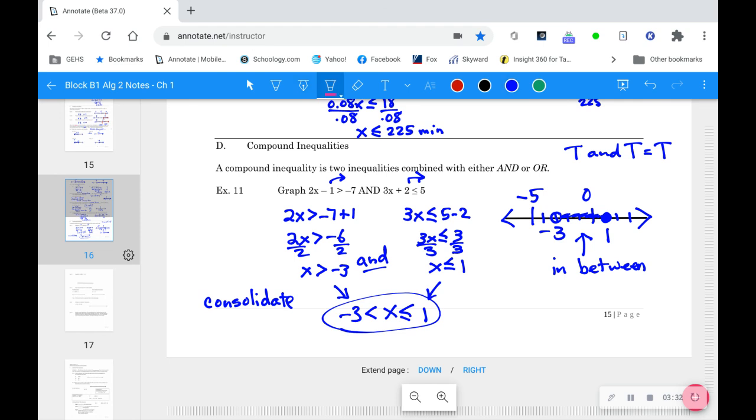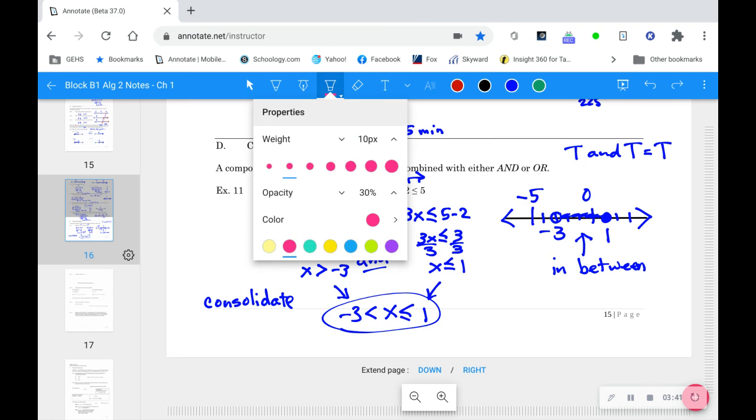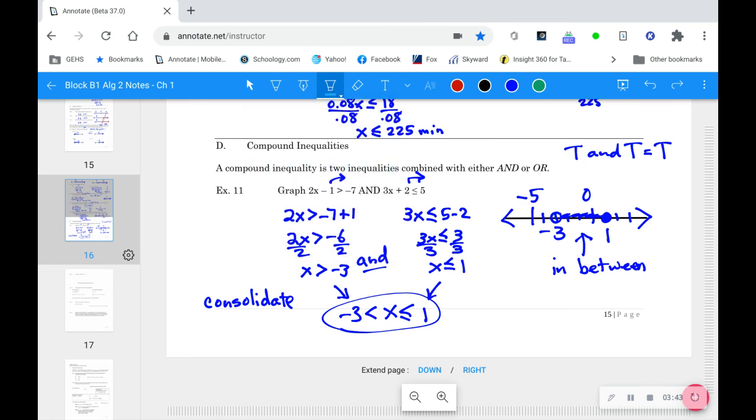To make that a little more clear, I'm going to highlight the x is less than or equal to 1 in both of them. And there's also x is greater than -3, which is written here in backwards fashion. X is greater than -3, you could also say is written here, -3 is less than x.